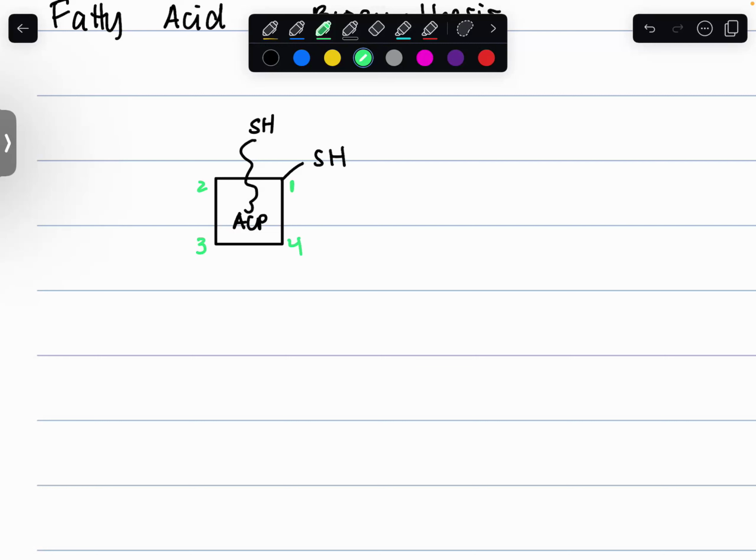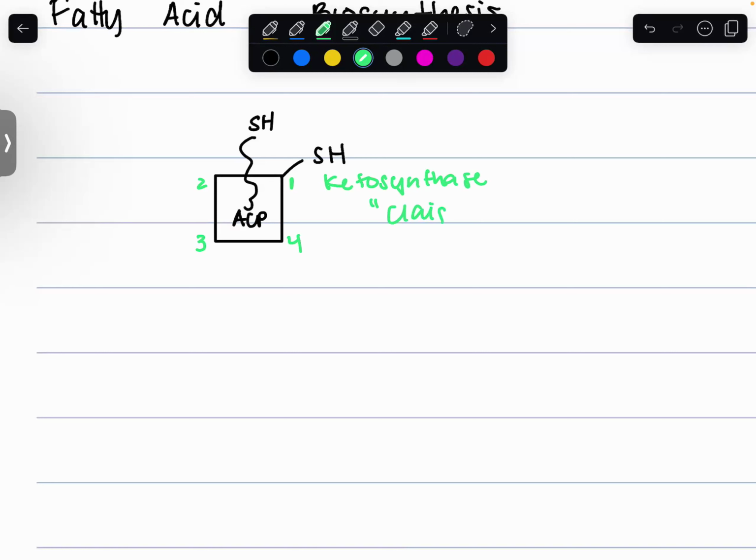Fatty acid biosynthesis is 4 reactions that we know. The first one is performed by the enzyme ketosynthase. But the reaction as we would recognize it, the Claisen. Step 2 comes from a keto reductase. Can any of you infer from the enzyme name what kind of reaction it might do?